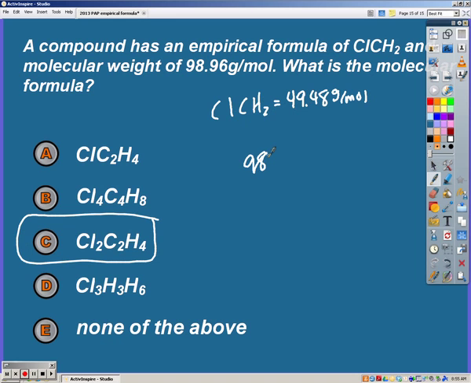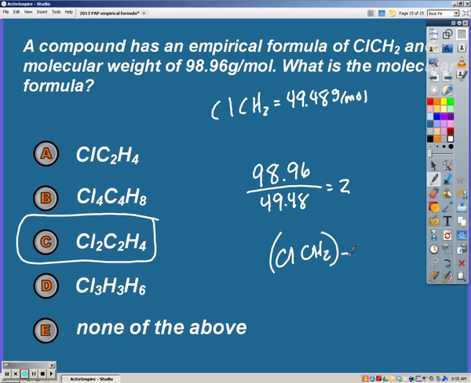So we take the mass they gave us, 98.96, put that over the molar mass of our empirical, 49.48, gives us 2, so we multiply our empirical by 2, and we get C.